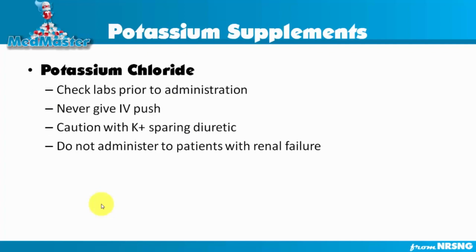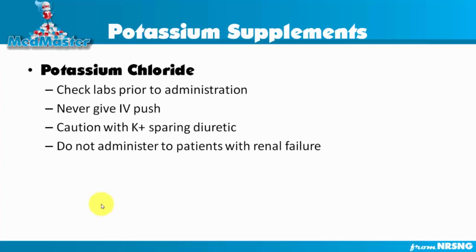Okay, so potassium supplements. Like I said with steroids, when we give supplements, it's important to keep in mind that we can cause the opposite problem. We know with potassium, hypokalemia is incredibly dangerous, but hyperkalemia is also incredibly dangerous for the heart. It can lead to lethal arrhythmias. So before giving a potassium chloride supplement, make sure you check the lab.